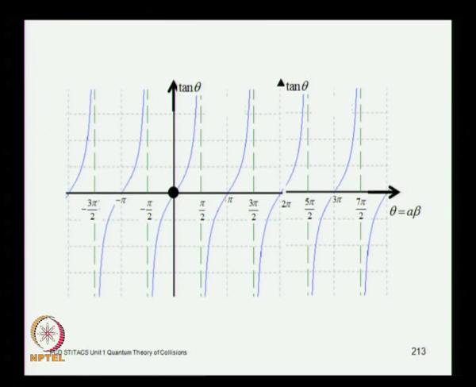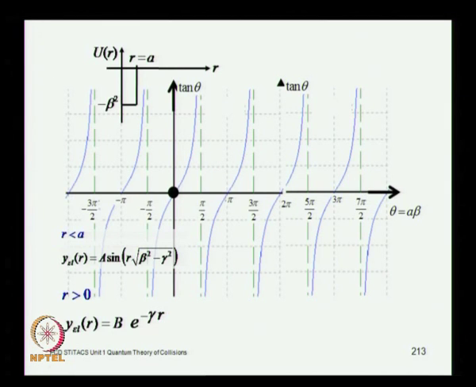Now, because of this peculiar nature of the relationship between xi and eta, the solutions are given for the r less than a region and r greater than a region by these two solutions. Inside the well it is sinusoidal, outside the well it is exponentially damped.